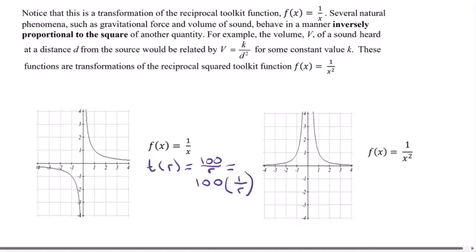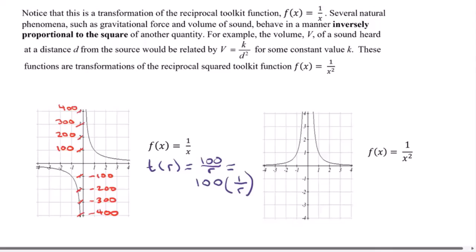So if I were to take this graph that I see right here, without doing a lot of work, I can change this to 100, this to 200, this to 300, this to 400, and the graph would look now exactly the same. This would be negative 100, negative 200, negative 300, and negative 400.